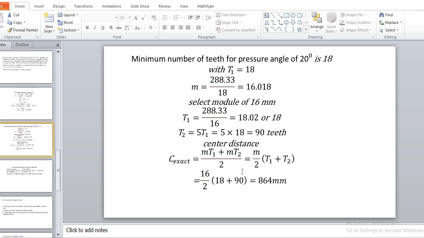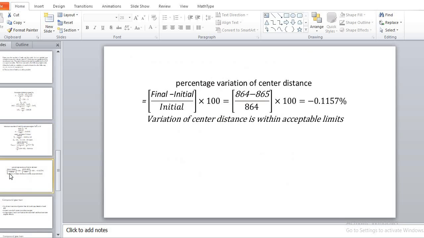By putting these values, the center distance now changes slightly, and we can find the percentage variation of the center distance, which appears as 0.1157. Here, by a printing mistake, it is 864; it should be 865. That becomes 0.1157, and it is also within the acceptable limit.